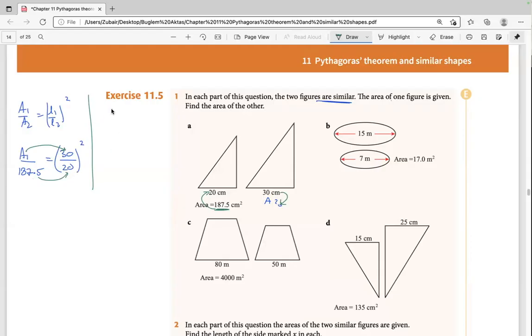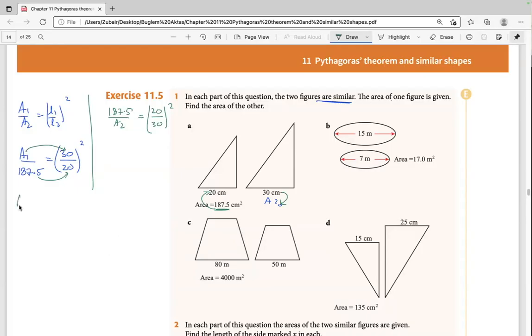If you do it the other way around, with 187.5 first, then A2 is unknown. But what sides are you going to use? With 187.5, you're going to use 20, and with A2, you're going to use 30. Now, if you have the unknown in the denominator, you'll have to go through cross multiplication.